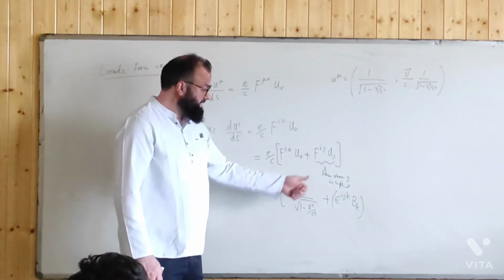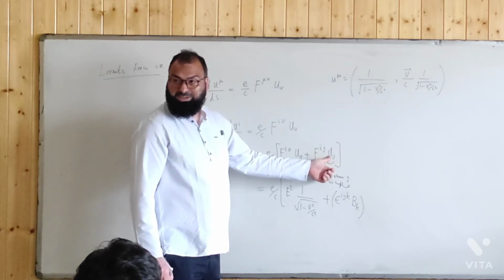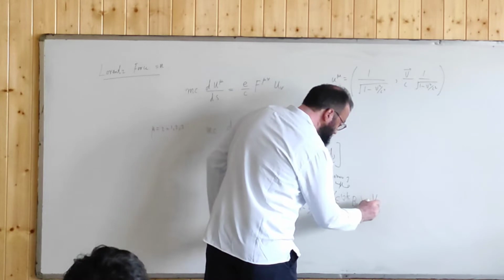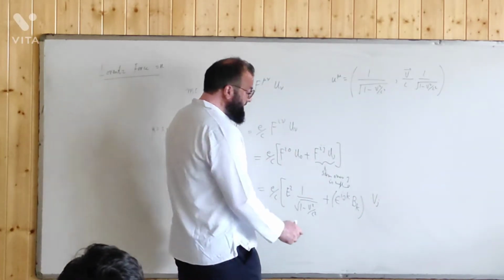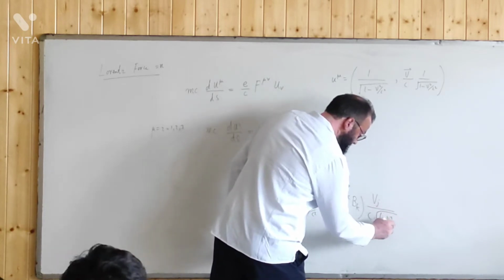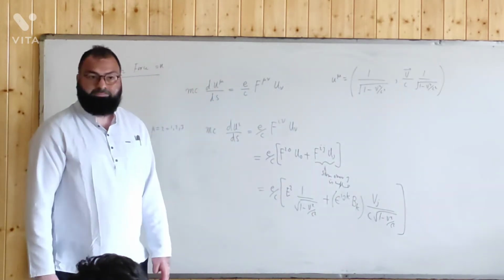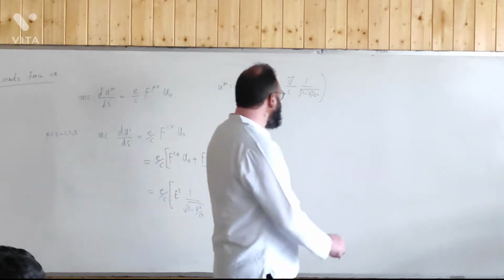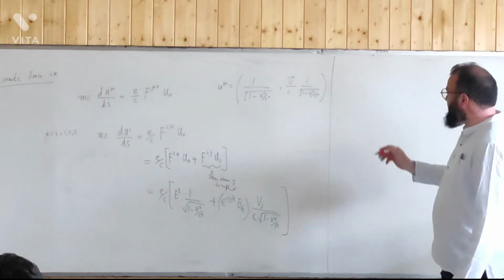So this is F^ij. What is u_j? It is the jth component of u. So what will that be? It will be simply v_j, I am simply writing the jth component of u, by c root of 1 minus v square by c square. Clear? Okay, so let's simplify this right hand side.